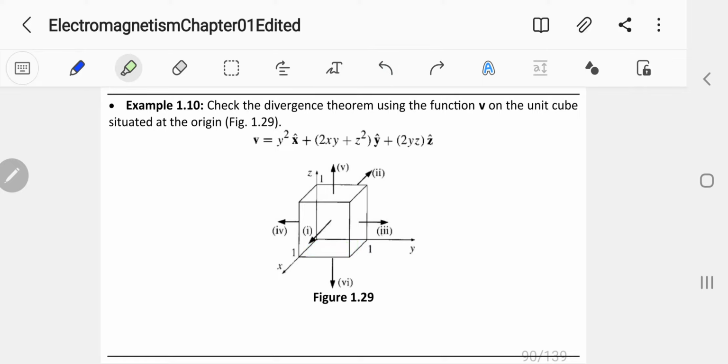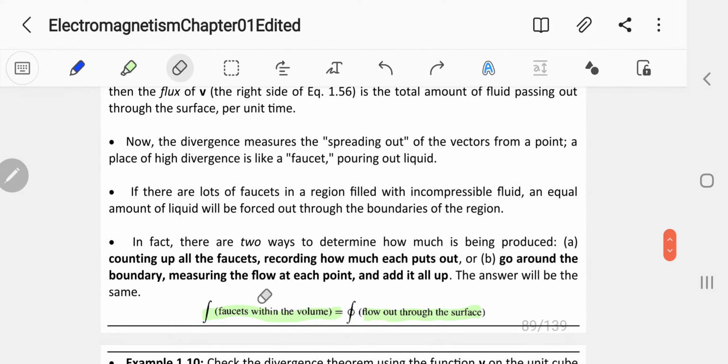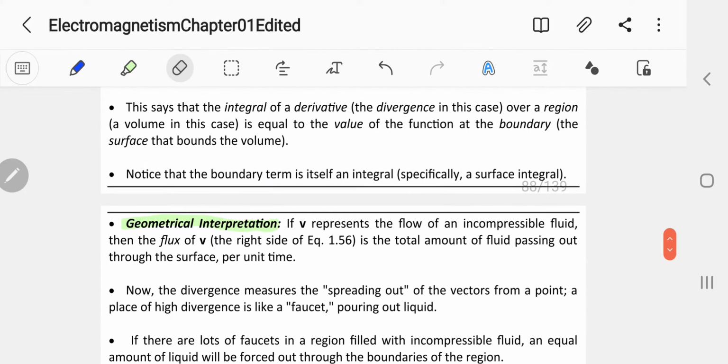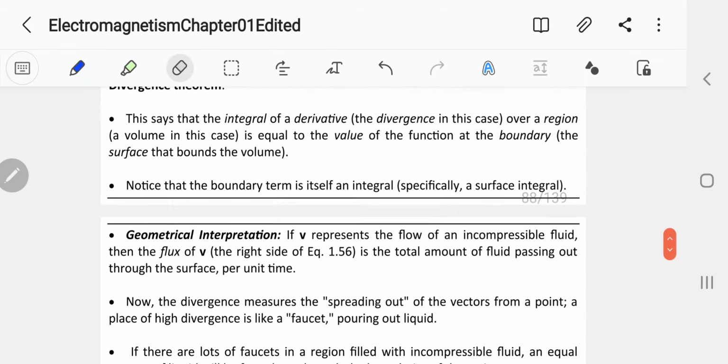And so you can use this integral to solve the integral of the divergence, or you can also use this one to see that they're equal.